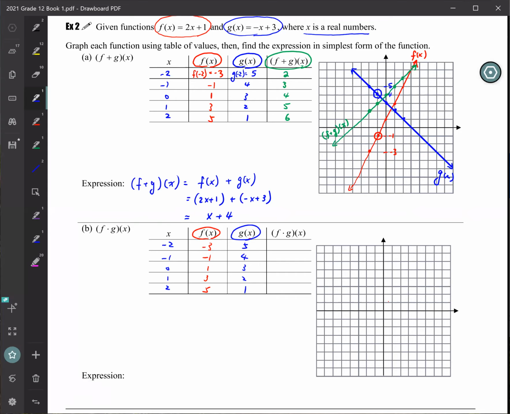And then we'll copy the graph as well. -2, -3. But this time it's multiplying, so your resulting function should look different. -2, 5. 4, 3, 2, 1.